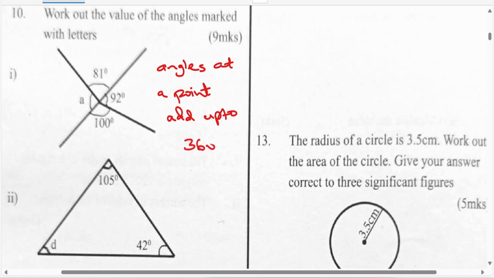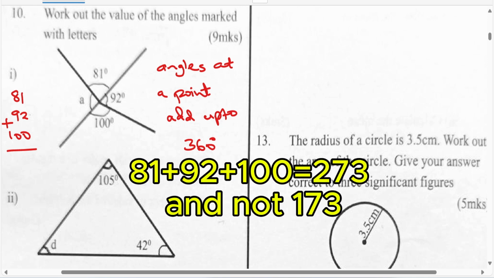So what do you do in this situation? So you know all these angles will add up to 360. So you take 81 plus 92 plus 100. So 81 plus 92 plus 100. And how much do you get? If you add those together, 3 together, you get 173. So after getting that 173, you just take 360 minus 173.